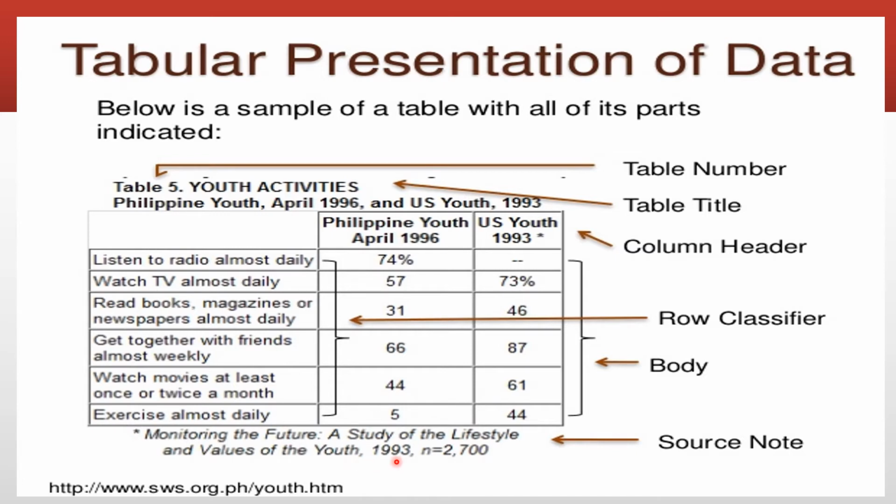This data was presented in the year or studied way back, the base year was 1993 and the population studied was 2,700. So it gives you an idea of how people present tables practically. You could use any magazine, a periodical or a newspaper would give you several examples of tabular representation of data.